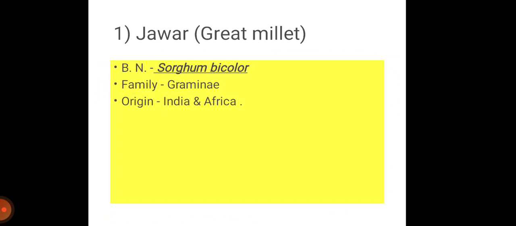Then we discuss the great millet, which we call jowar.